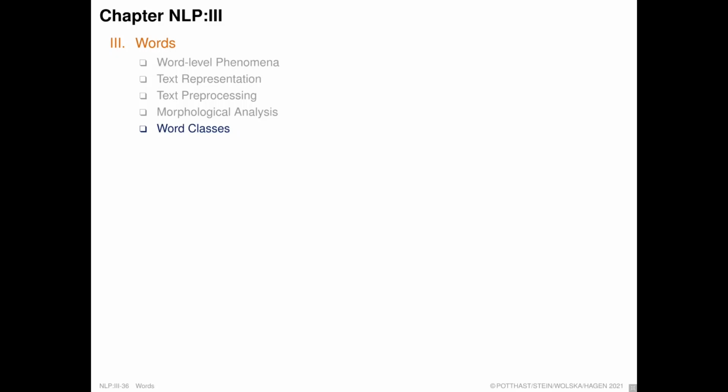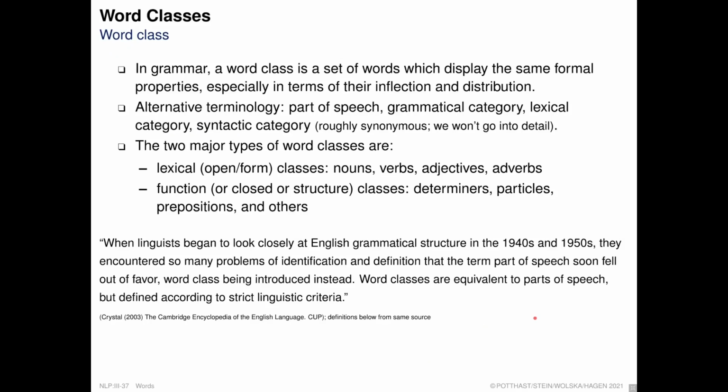Okay, so we looked at what is below words, so what words consist of, and now let's look at words themselves. And the main observation about words as such on their own is that they belong to different classes. And these classes are related to the function that the words take in a sentence.